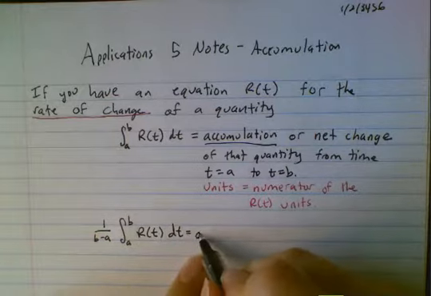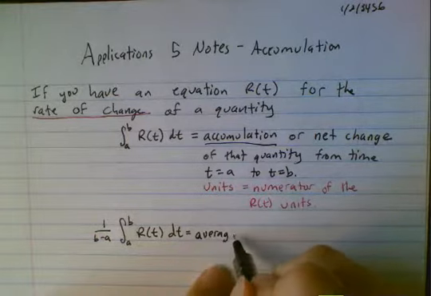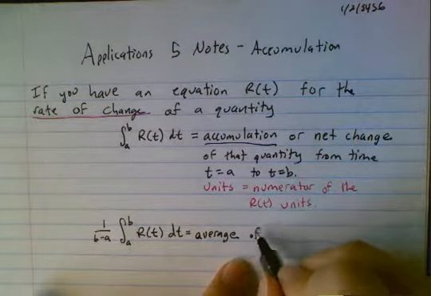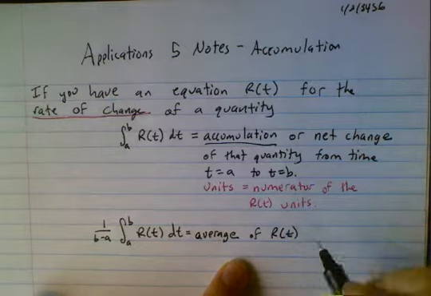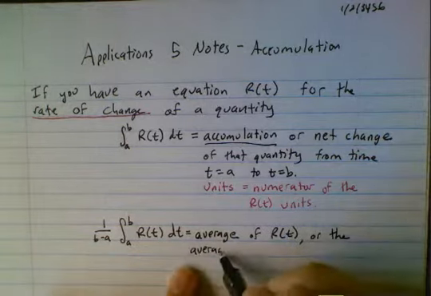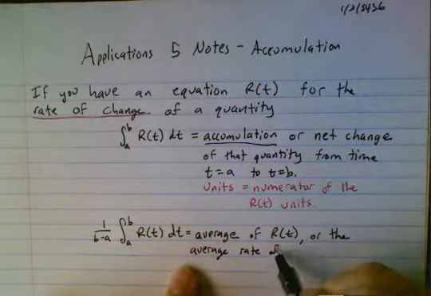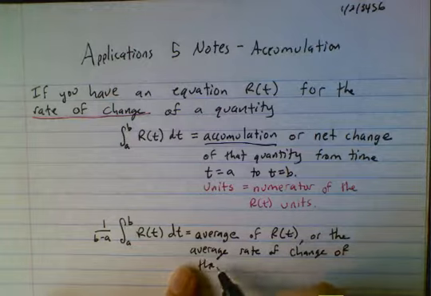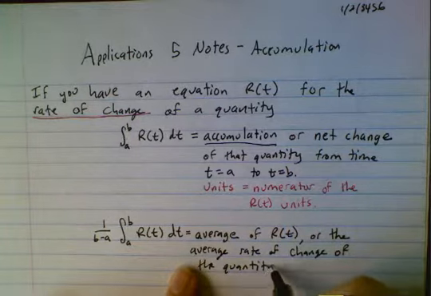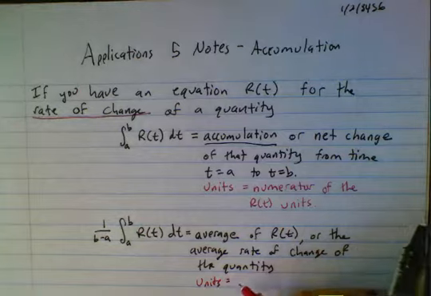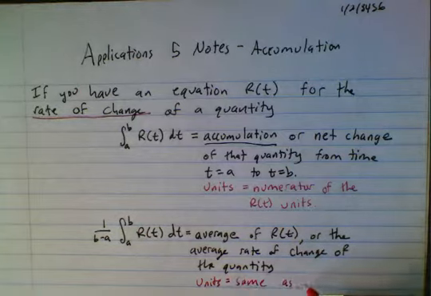This is the average of R of t, or the average rate of change of the quantity. The units are the same as R of t.